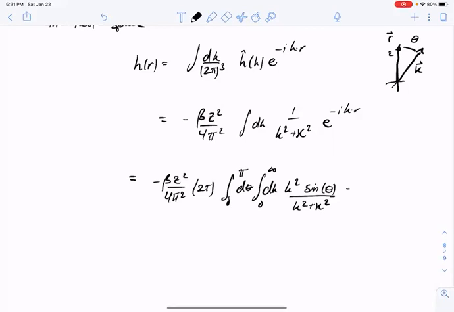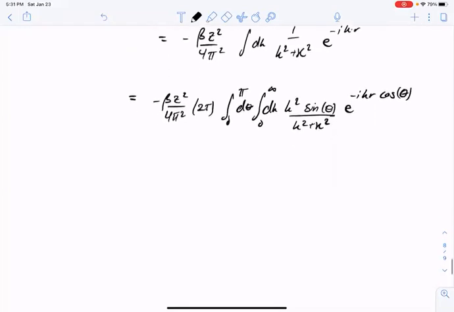And then I can write the complex exponential as magnitude k times magnitude r times the angle between them, which I've defined as theta. And now a u substitution for cos theta, its derivative being sine theta, lets me do the integral over theta.